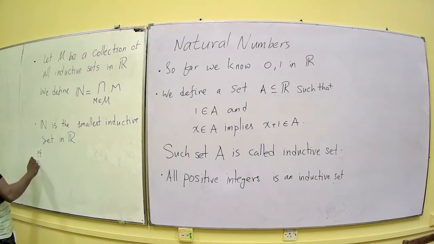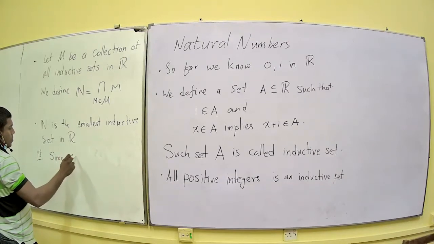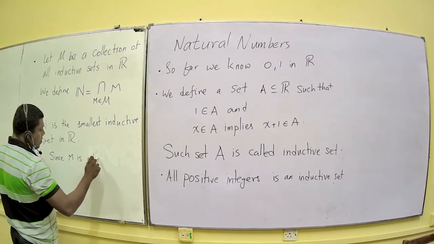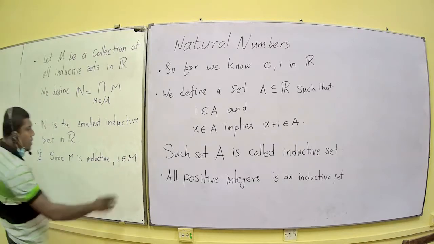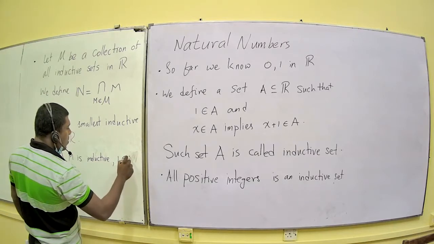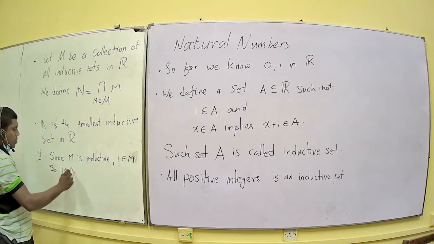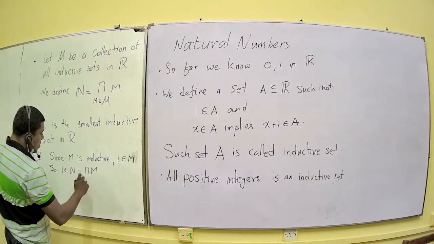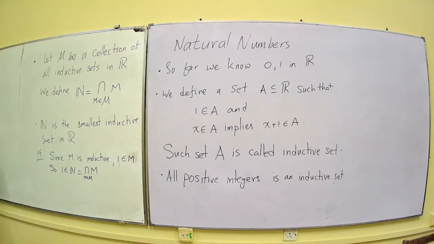To prove this, because M is an inductive set, 1 belongs to M. So clearly 1 belongs to the intersection of all possible inductive sets.